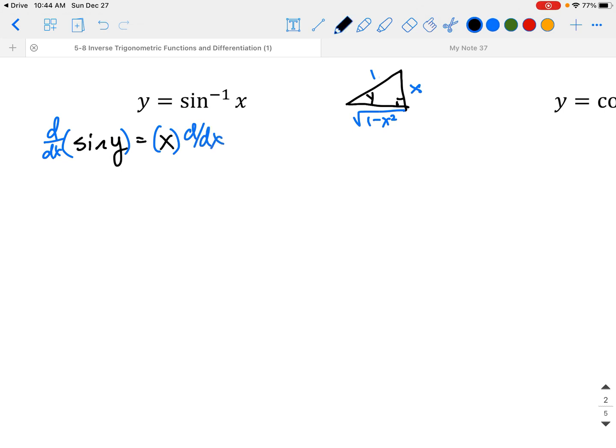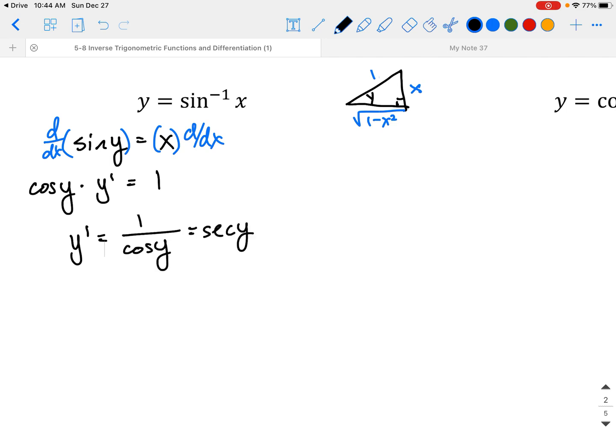So if we differentiate both sides with respect to x, we'll get cosine of y times y prime, or dy/dx, and then that's going to equal 1. So I'm just using an implicit derivative here, and so then y prime is going to be equal to 1 over cosine of y, which is just secant of y.